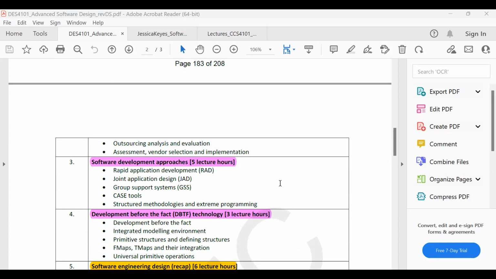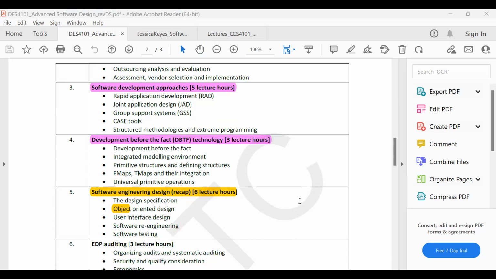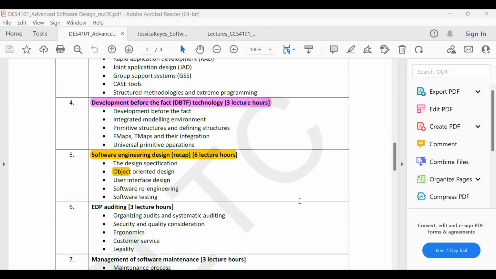Third, we discussed software development approaches. Then we discussed development before the fact technology, that means getting facts and drawing primitive structures based on F-maps and T-maps. Then we also focused on software engineering design, which you have already done in another course.